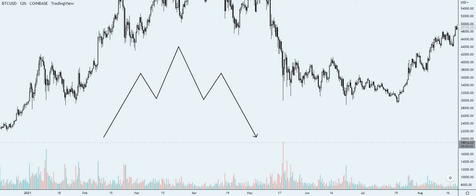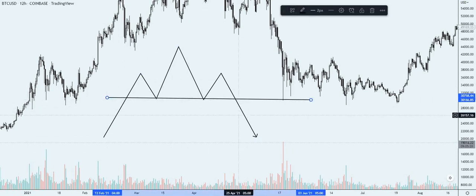Okay, so basically we've got these three pushes up, right? So we've got this one push up, two push up, and three push up with two pushes down. Meanwhile, we're never breaking this neckline is the theory. And sometimes in crypto, this is a little bit harder to spot than in stock trading. So we'll get into that, but essentially identifying this neckline is critical. And these can take many different forms.